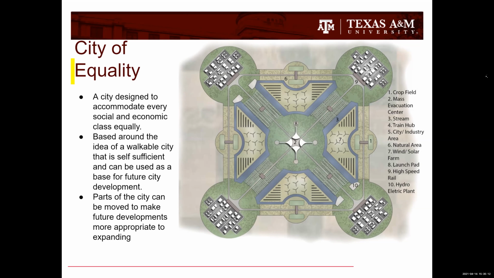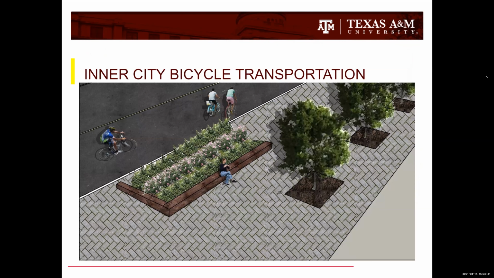Also, a thing that we wanted to implement with this design is that these parts can be moved and utilized in different areas and serve as different things. So you could move each circle and make each circle a different thing, and mix and match bits and pieces of it to create a city that you think would be best for that area, or best for whatever situation you might be in.